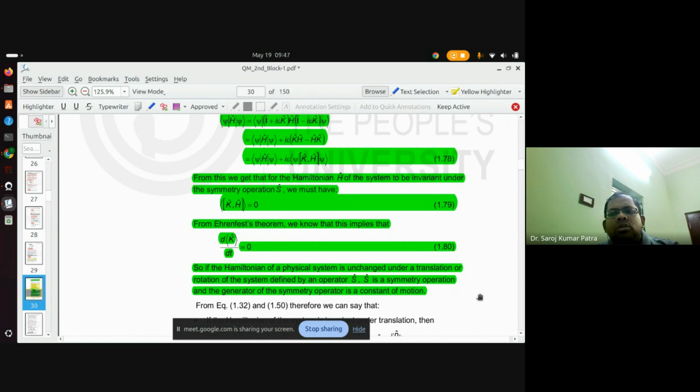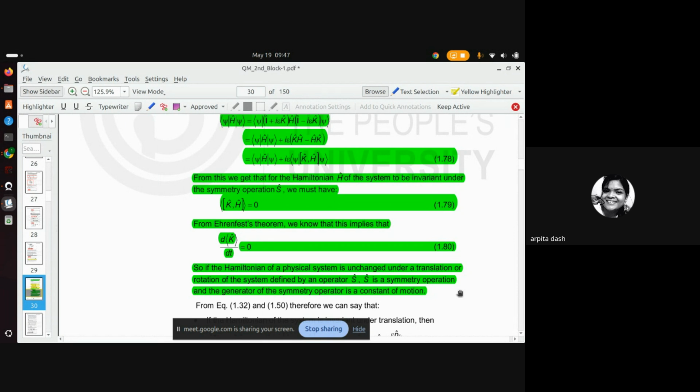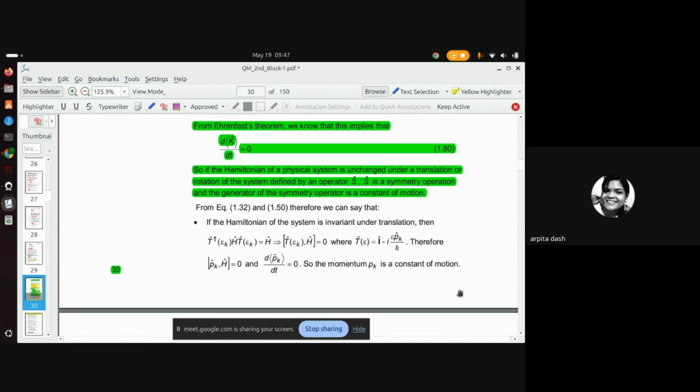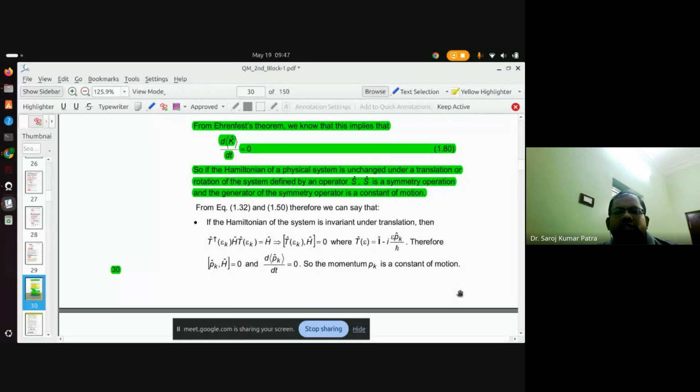So those generators have to be constant in time. They will not change with time. And similarly for time translation, the energy or the Hamiltonian itself will be a constant of motion. So it will not change over time. So d expectation of K by dt will become equal to 0.